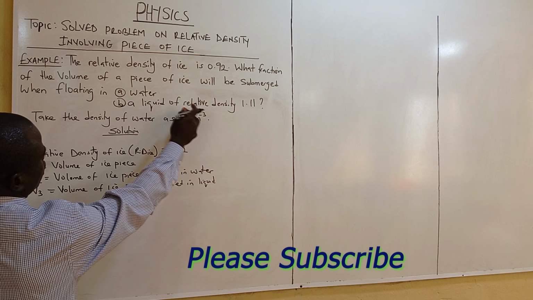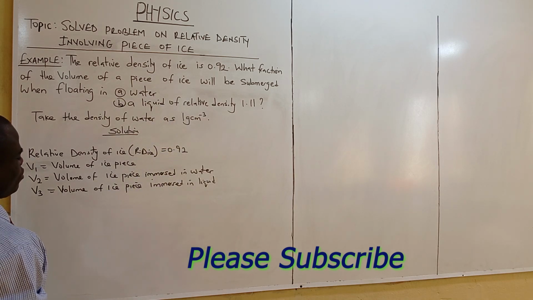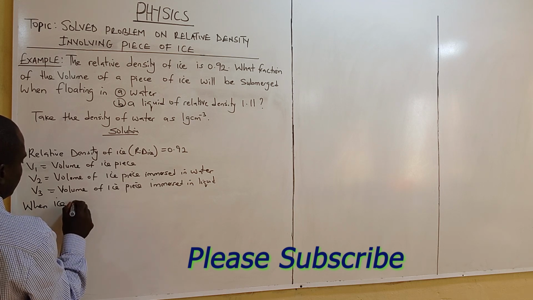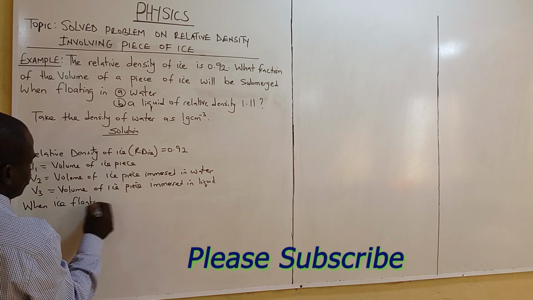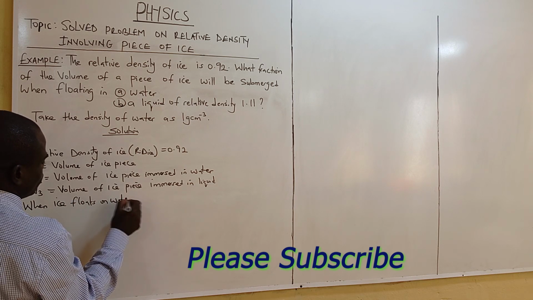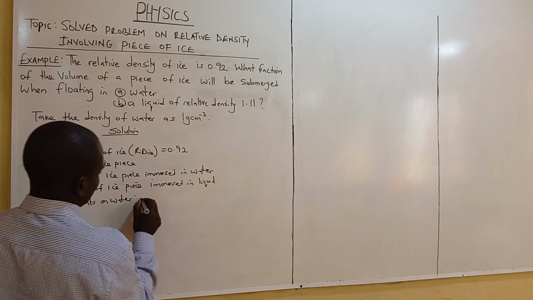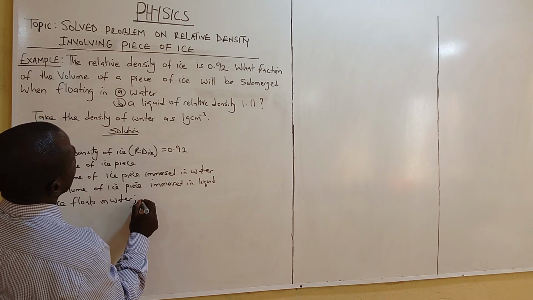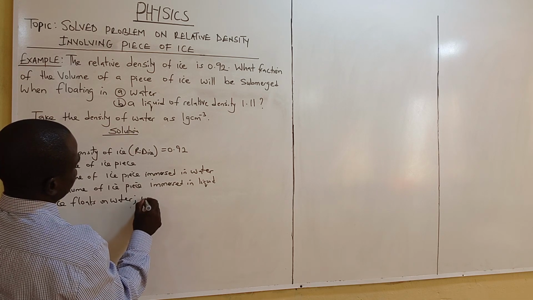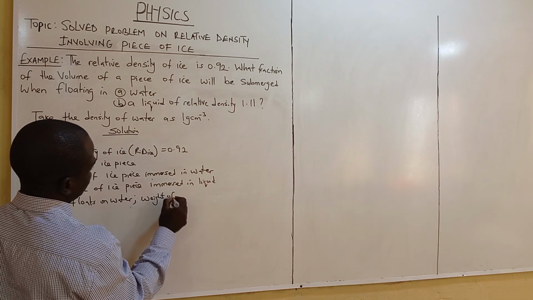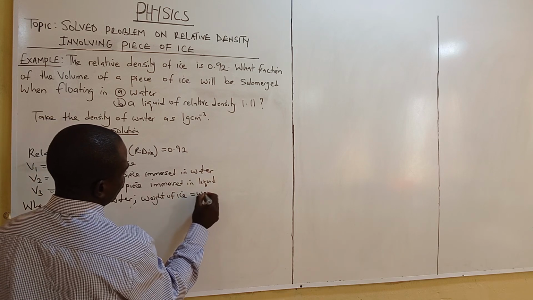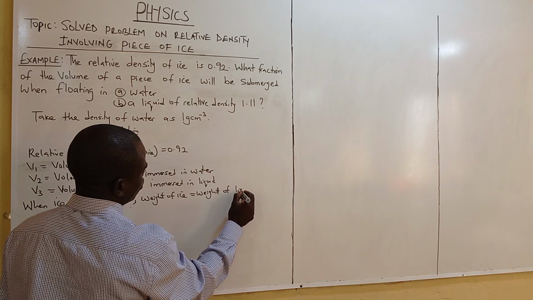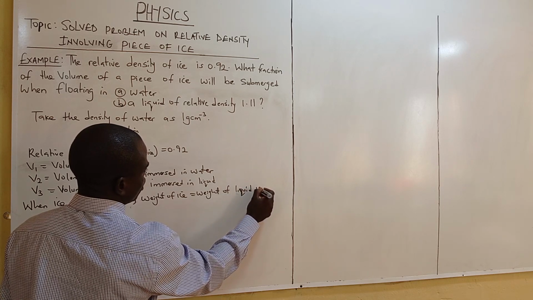Okay, because we have water and liquid, and when ice floats on water, we have the condition that weight of ice equals weight of liquid displaced.